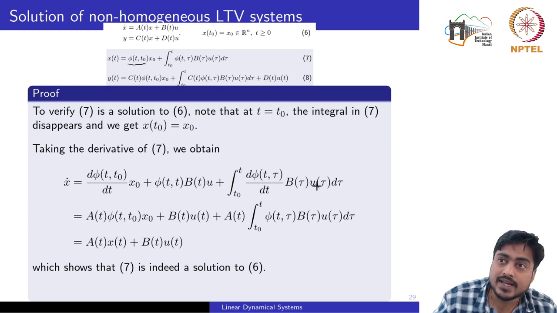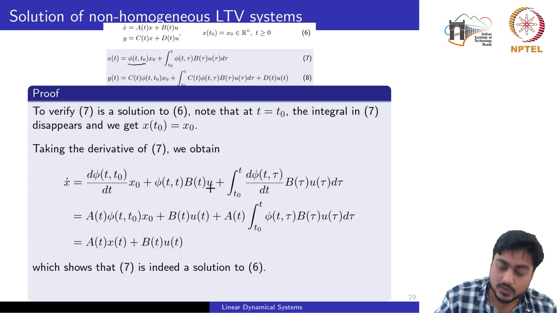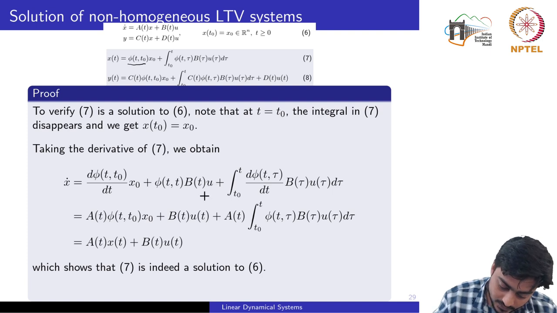B and u would remain as they are, plus the final value of this integral at time t. So tau basically would become t. All the taus would become t, right? So we would have phi t comma t B of t into u, where u is u of t, because we are computing the solution at time t is equal to t.